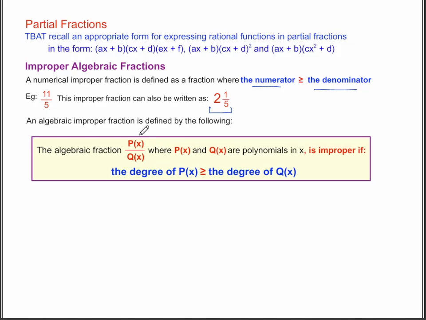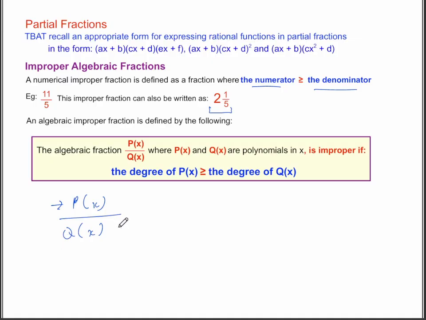When we talk about improper algebraic fractions, we are talking about two polynomials, where the first polynomial, p of x, in the numerator, and the second polynomial in the denominator, q of x, are such that the degree of p of x is greater than the degree of q of x.